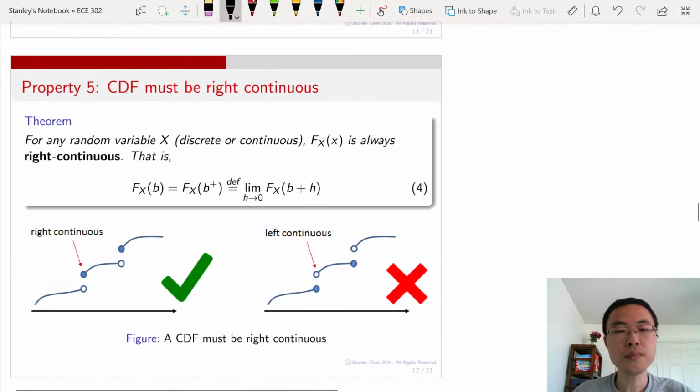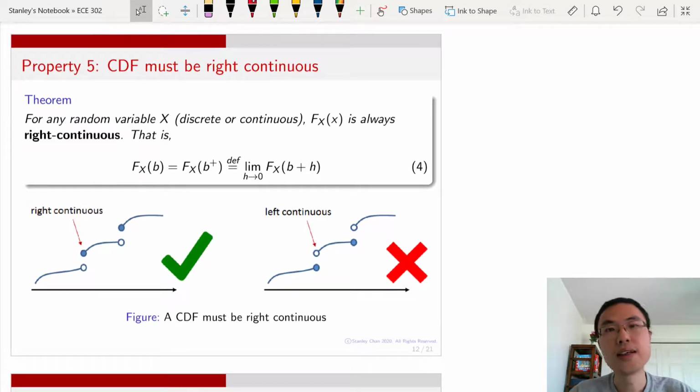So property number 5 says that the CDF must be right continuous, meaning that you always end with an empty dot and start with a solid dot. This other case is not true for the CDF. The CDF is always like this. So I put a checkmark here and a cross over there. This is property number 5 for the CDF.